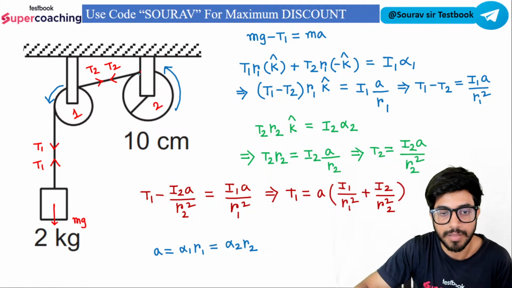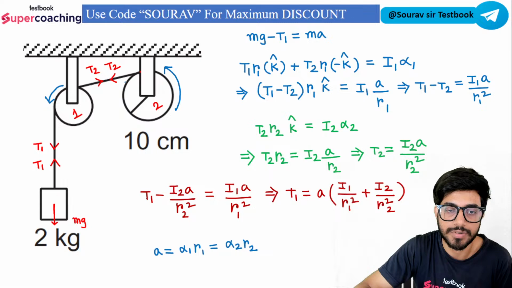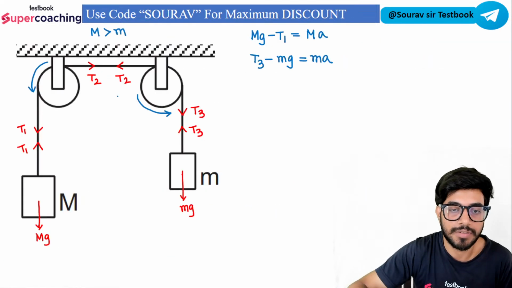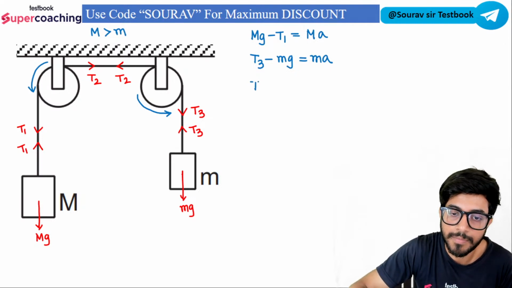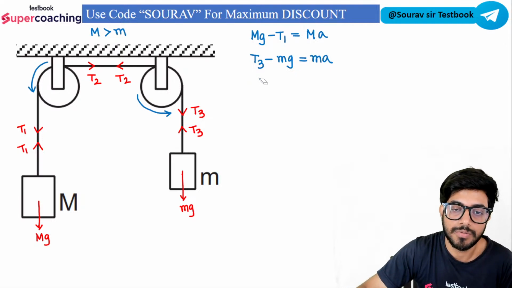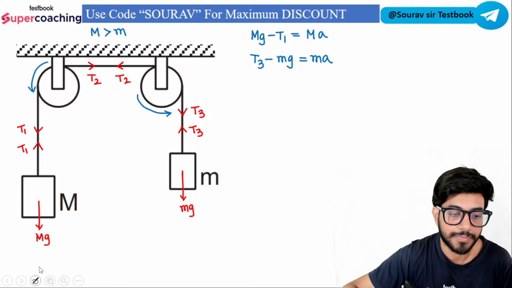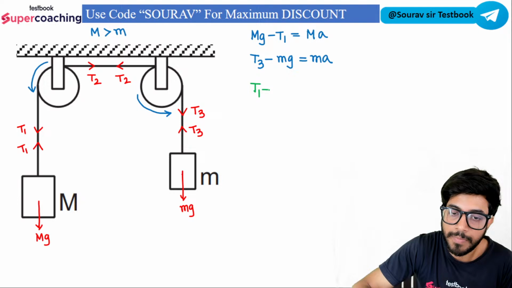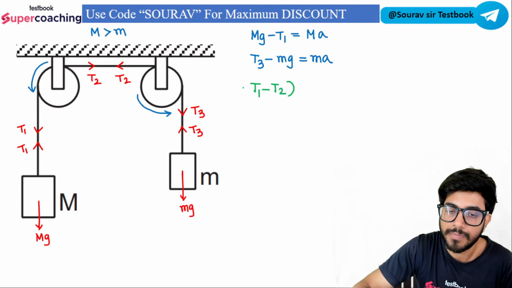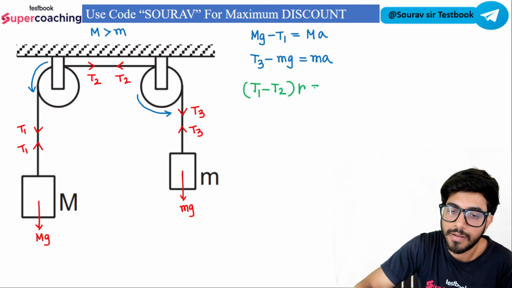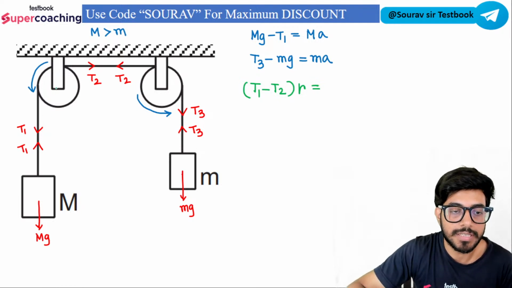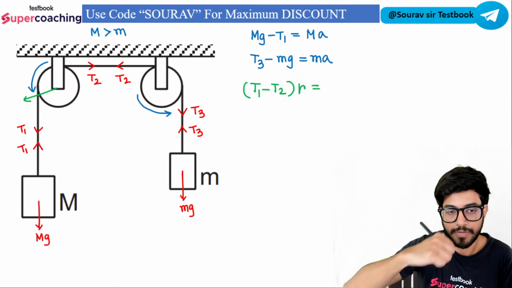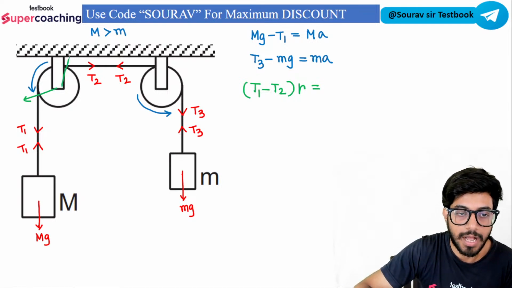Here there is only one tension, so T2 into R equals this. You know that T1 is greater in magnitude, so T1 minus T2 into R. This is your R cross F, so it's in the upward direction, outward.